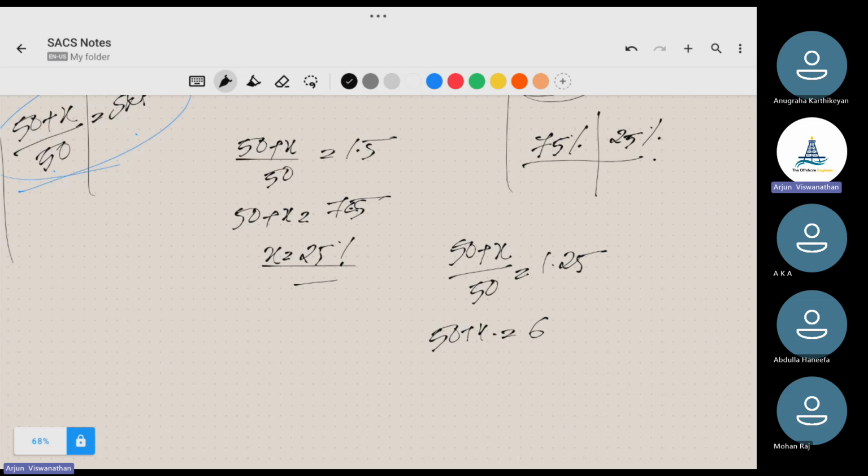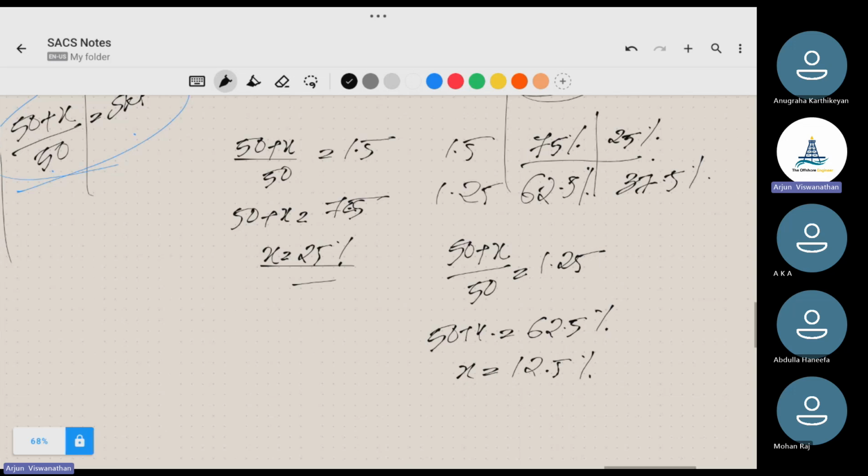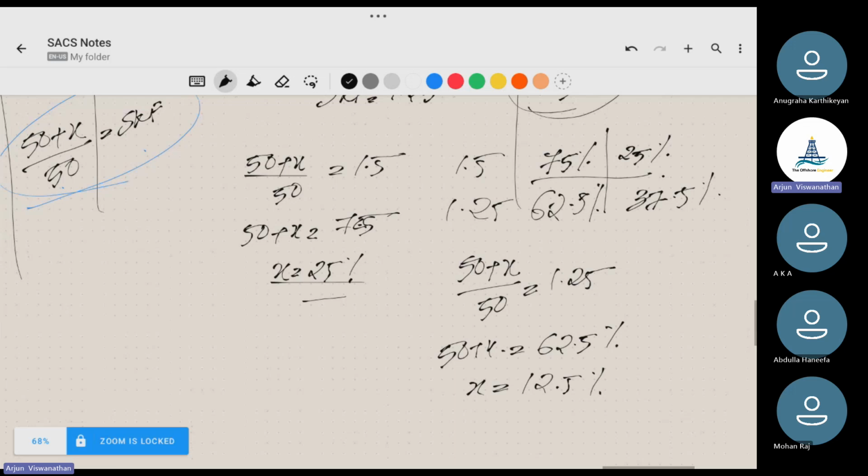So this one will be 62.5%. That means the X difference is 12.5%. So if you look at the lift split for this one, it is 62.5% and 37.5%. This is the split for 1.25, and this is the split for 1.5. So this is still clear, right?